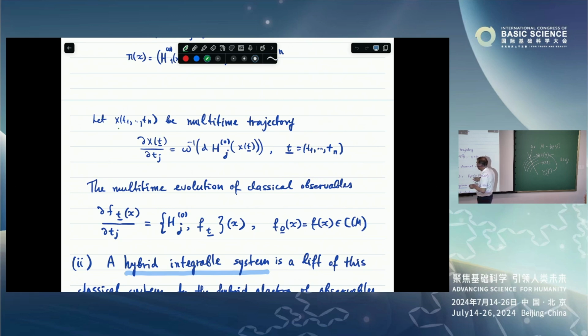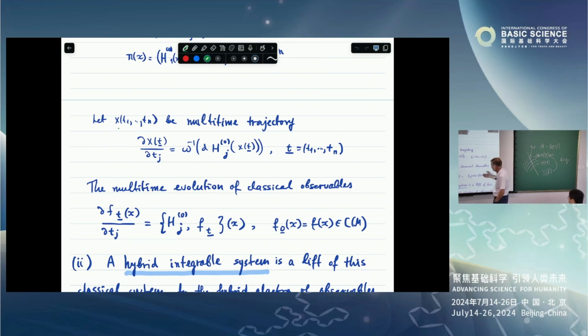Mathematically, physically, of course, it's a different thing, because these systems typically are models of some physical processes. For this, you have preferred Hamiltonian. But if you study the mathematical structure, then there is no preferred one. There are n independent functions. So you have multi-time evolution, multi-time trajectory. That's the most natural thing you can do.